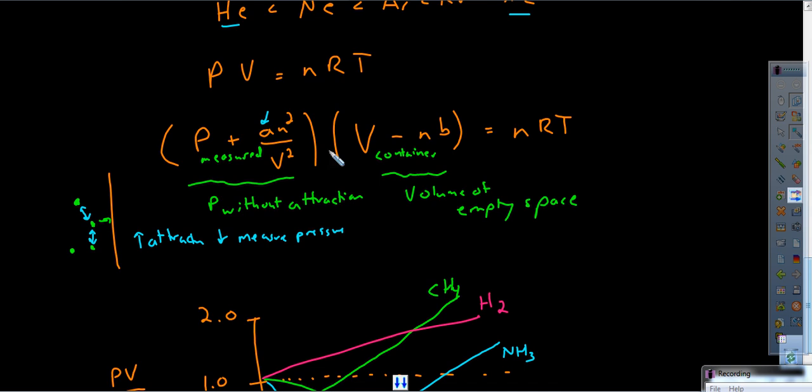However, given that sometimes within the container the particles end up having relative volume, we need to subtract their volume to get back to the volume of empty space, which was initially our assumption. And so we subtract the number of moles of gas times the van der Waals constant for volume, b. And so this is just the equation which allows you to correct for PV is equal to nRT, although you most likely won't see it on the AP or other exams.